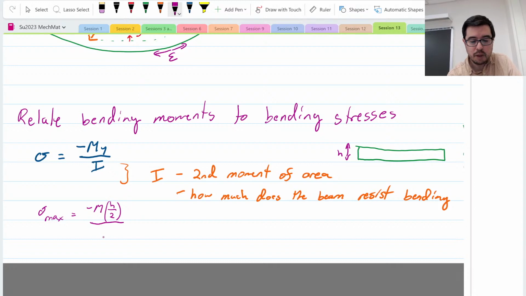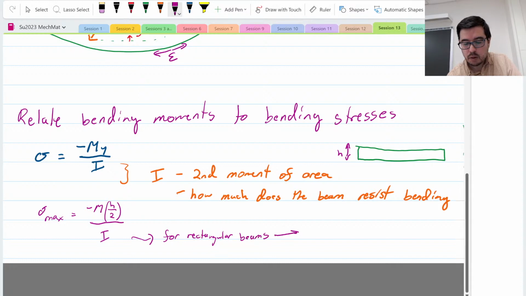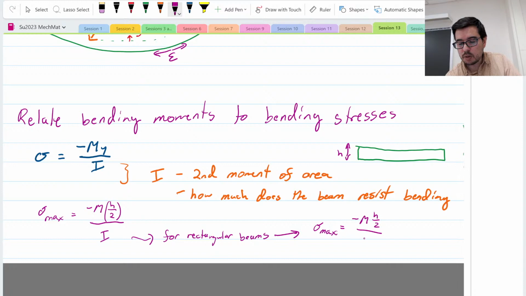And now we have our I, and for rectangular beams this means that sigma max is equal to negative mh over 2, over bh cubed over 12.